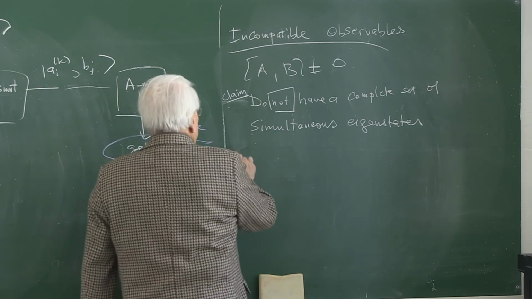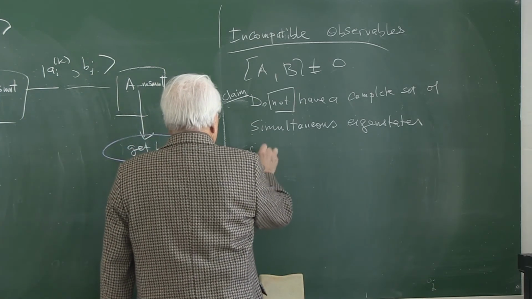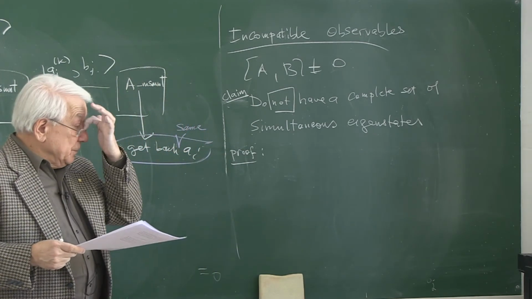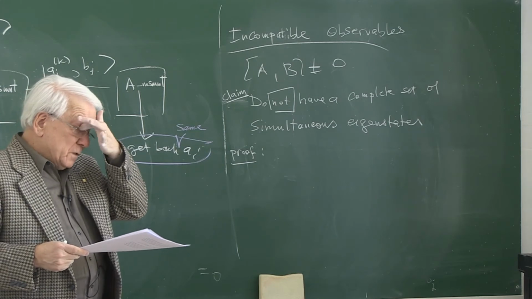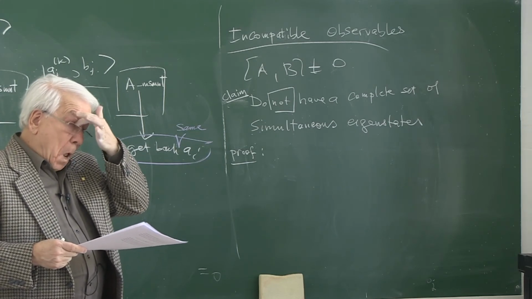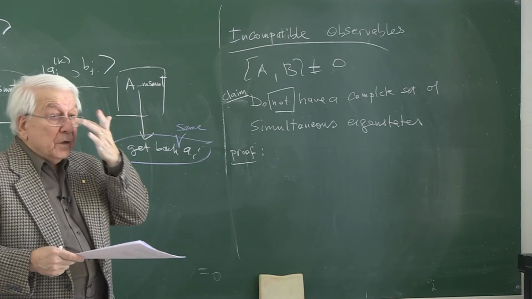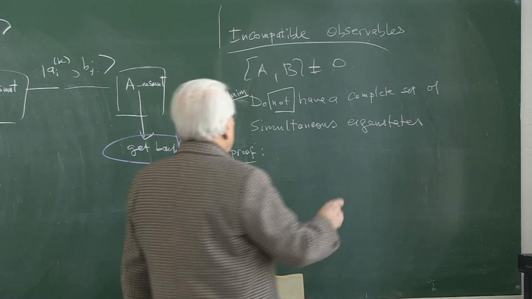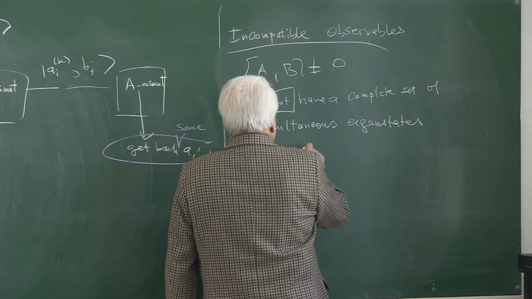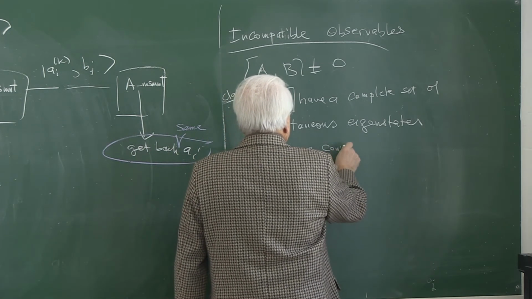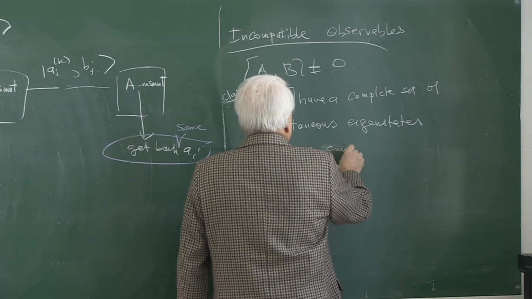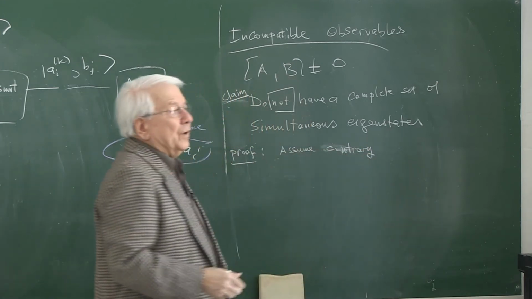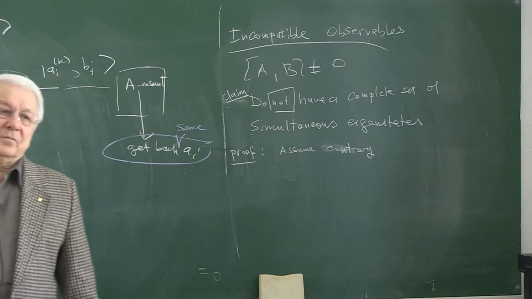So how do we prove? The proof is, mathematicians use this argument very extensively. Assume the converse, assume the contrary, and show that it leads to inconsistency. Meaning, well, they have a common set of eigenstates.